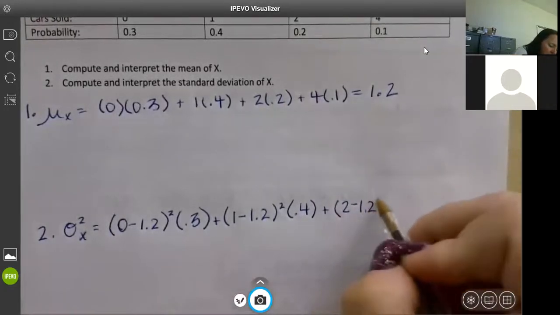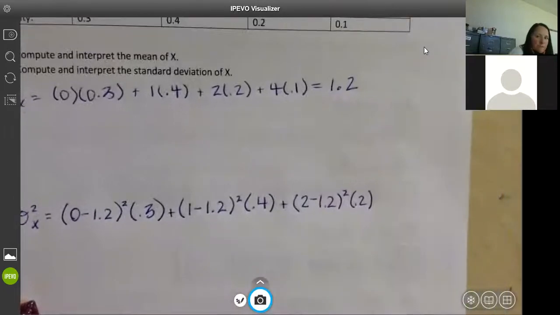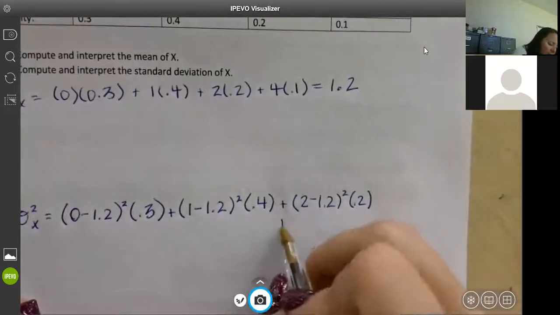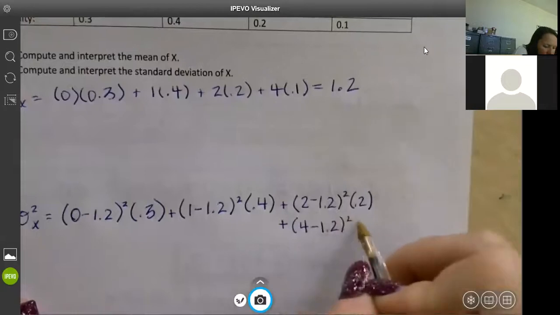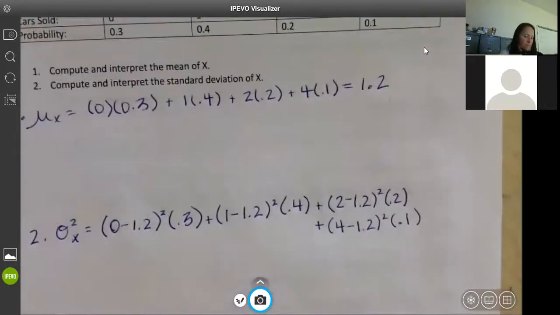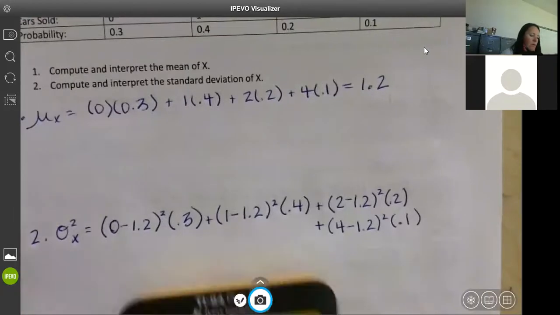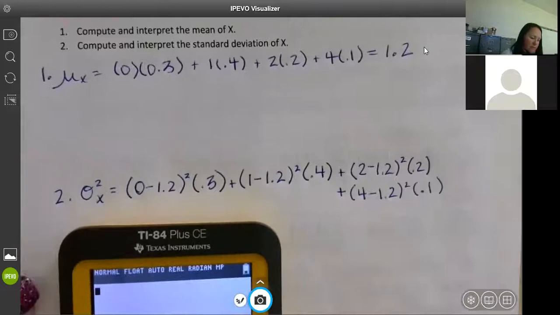Observation minus your mean squared times your probability. I'm going to write it at the bottom. Observation is 4 minus your mean squared times your probability, 0.1. Again, it probably takes longer to put it in the calculator like this than anything else.